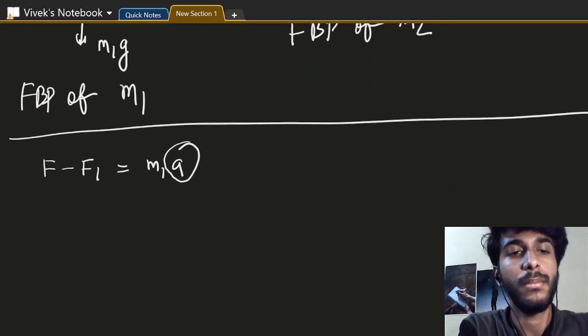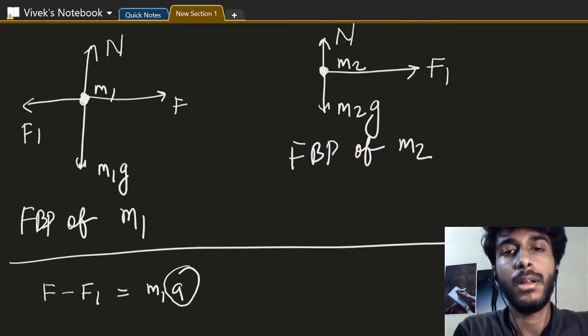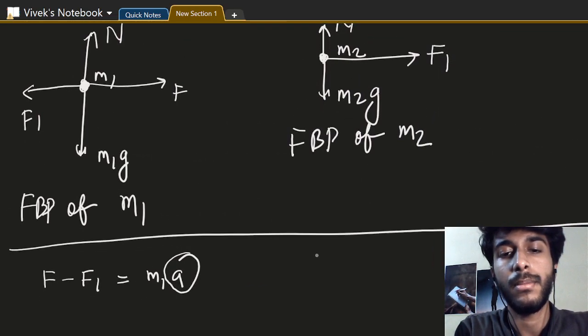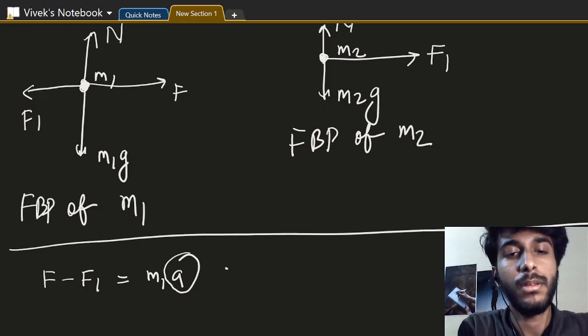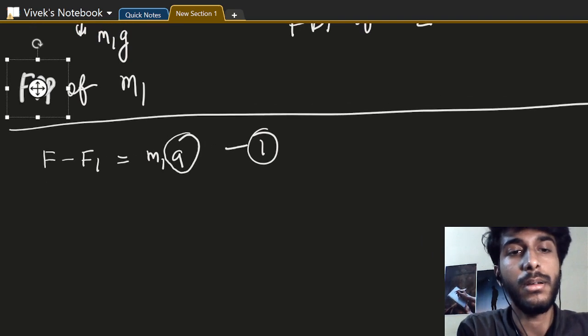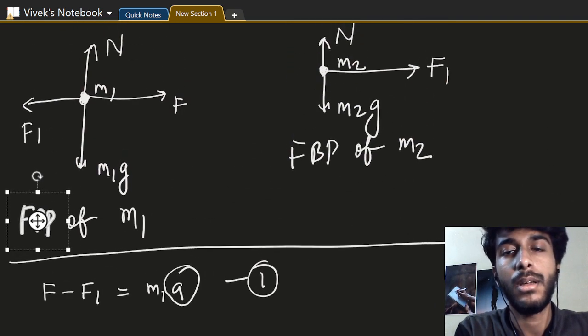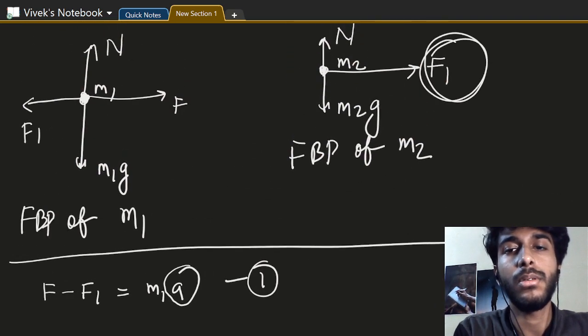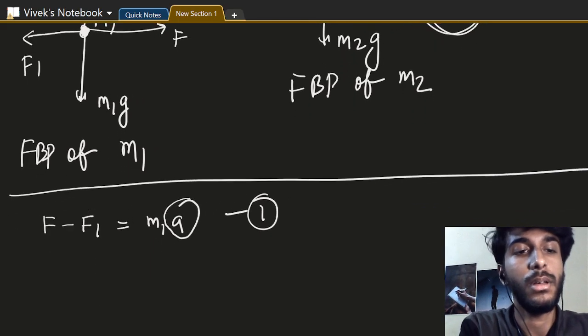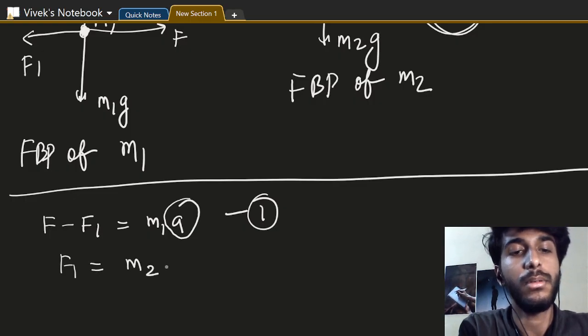This was the first equation. And by the second diagram, this force F1 will cause all the acceleration because it is the only horizontal force here. So F1 will be equal to m2 into a.